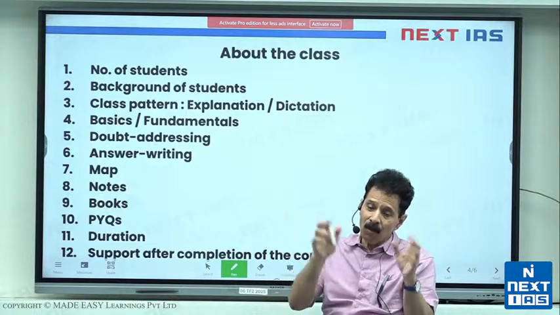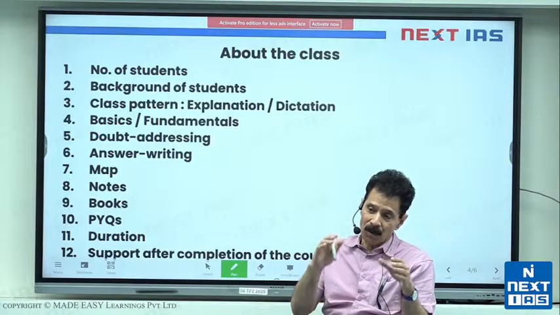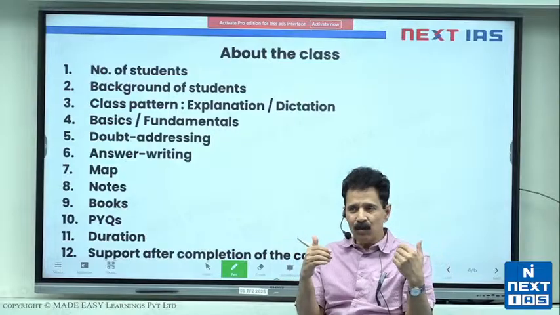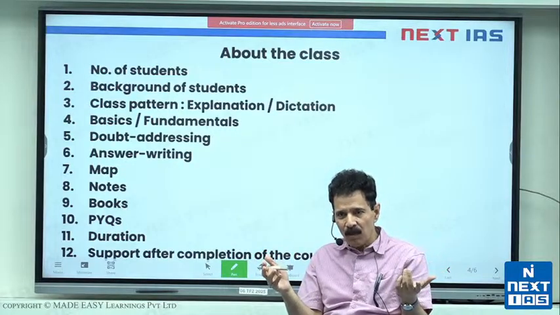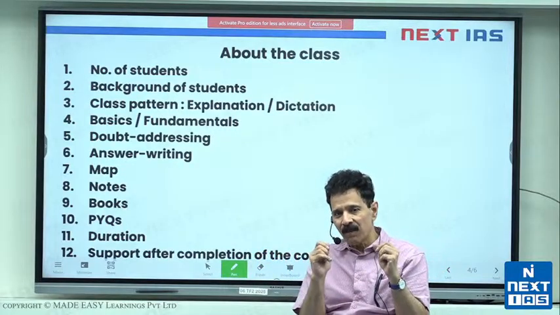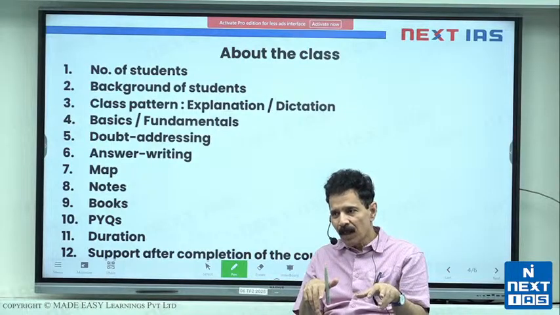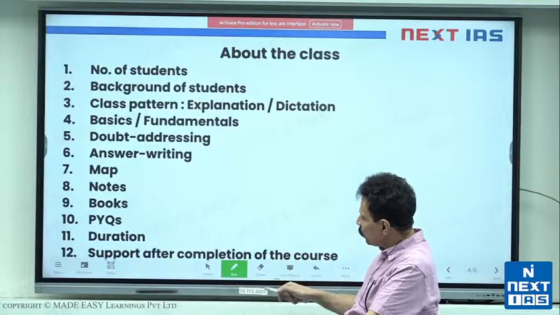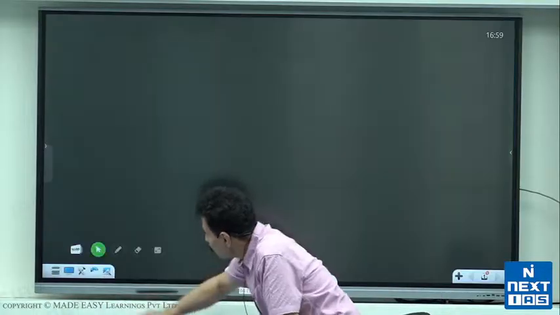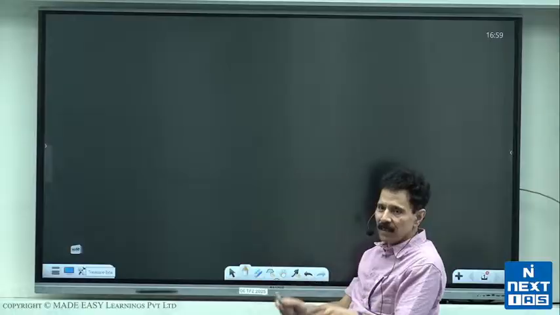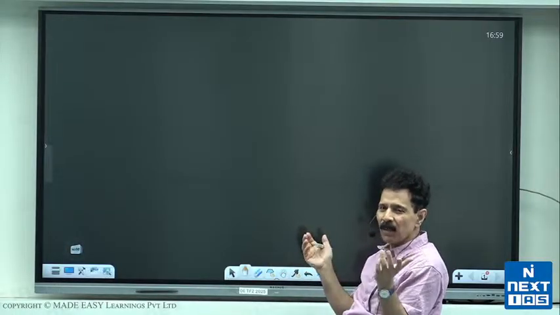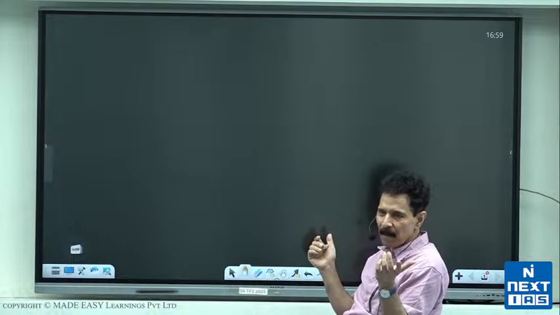Plus, in the complex and technical issues, a lot of explanations are also required. A huge number of timelines, concepts and some basic definitions are involved. So a lot of explanations are there on the smart board, shifting to the notes and explaining the things, making many diagrams and timelines.